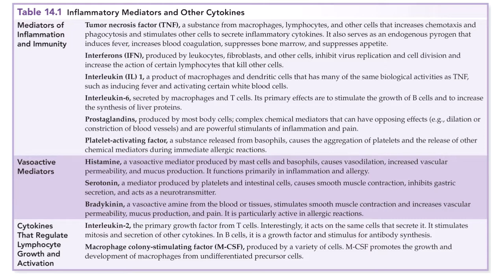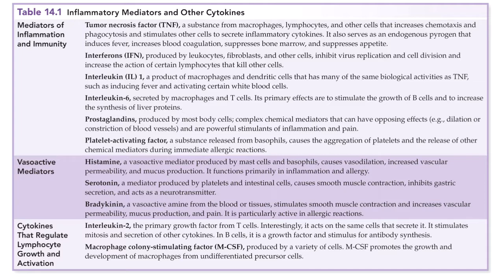So this table here, 14.1, shows some of the most important immune mediators and other cytokines that are released by some of the cells. What I would like you to do here is to just take a moment and learn them by groups. Look at the mediators of inflammation and immunity, the most important ones being interferons, interleukin-1, and the tumor necrosis factors.